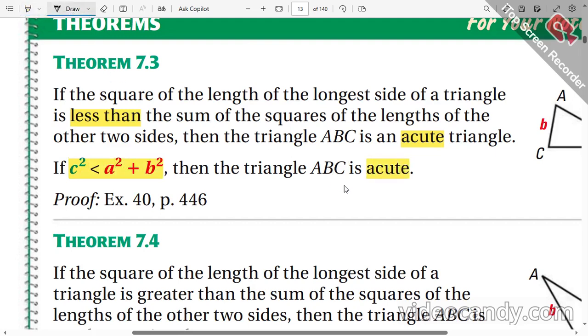So that means for acute, all angles are acute. All right, and what is acute? Less than 90.